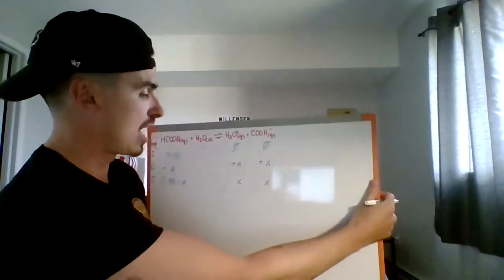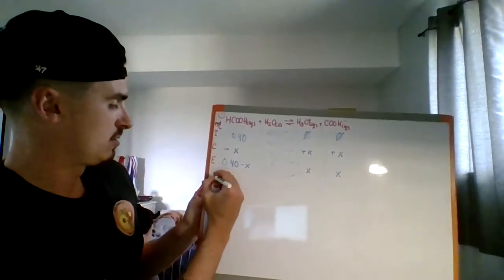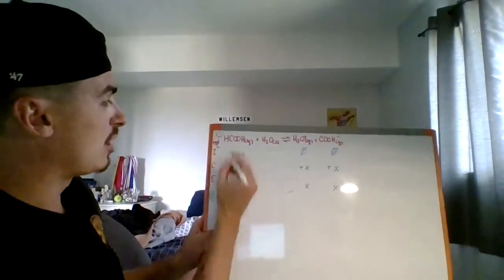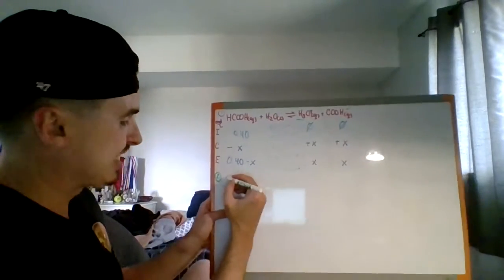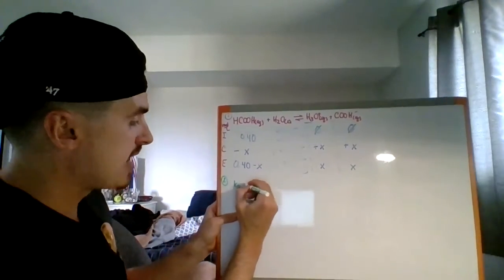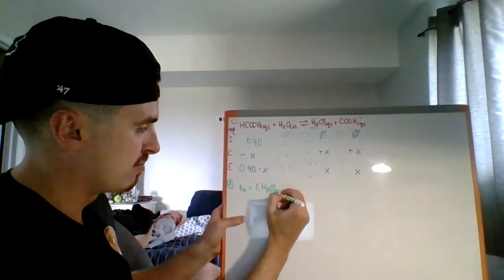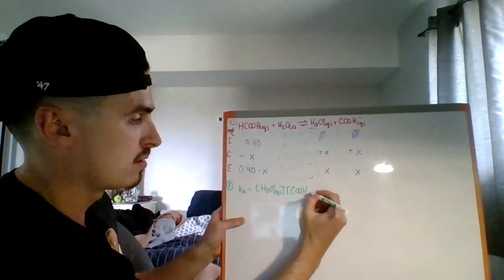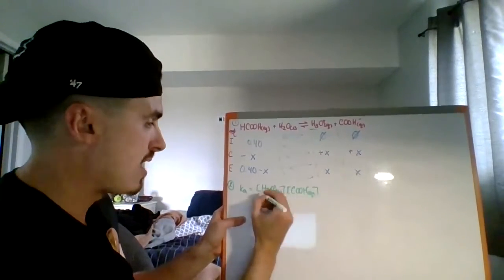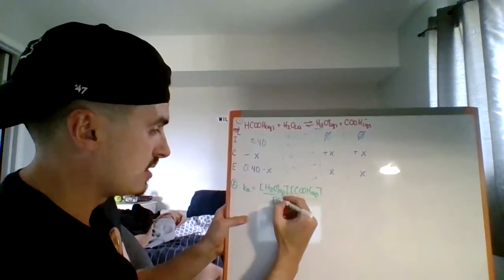Second thing that we can do, guys, is write our equilibrium law. Again, we have an acid, we're producing hydronium, so I'm going to be doing Ka. Ka is my products divided by my reactant, not water, because it's a liquid.